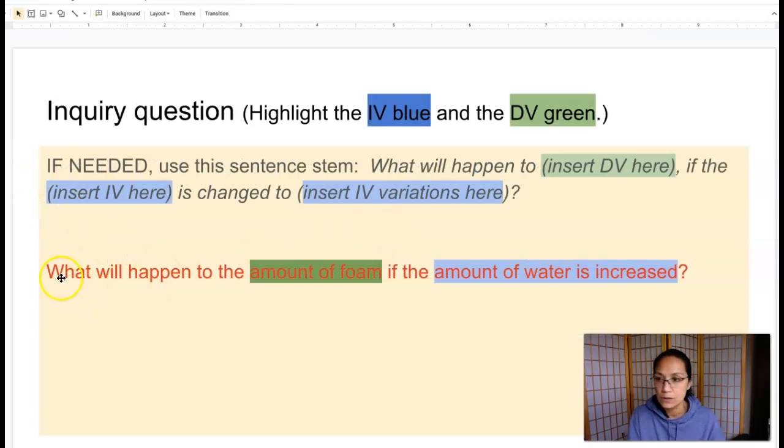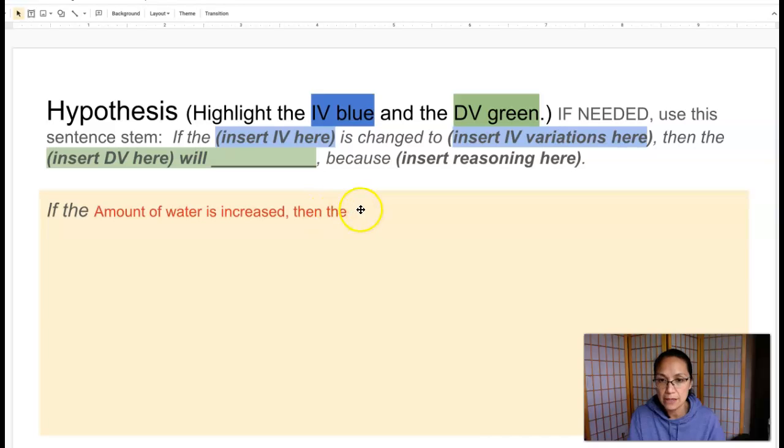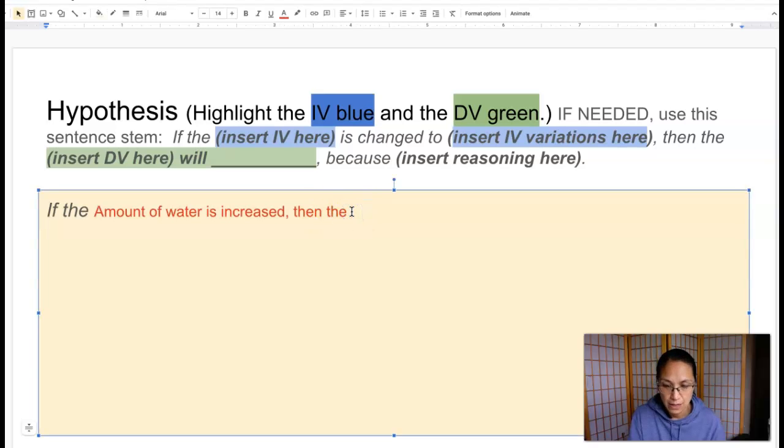Then the amount of foam will, and I think it's going to stay the same. Okay, there's my if, here's my then.